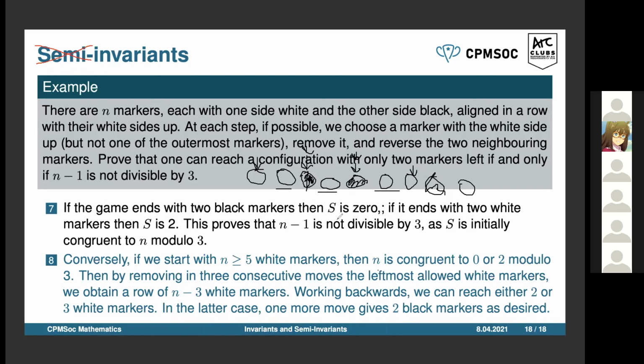So we'll end up removing just 3 white markers from the configuration, and this white marker here will become a black marker, and this white marker here will become a black marker, and these 2 will stay the same.